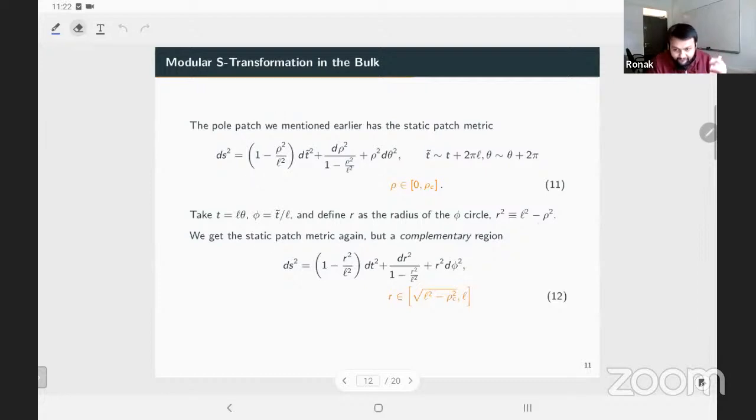And after the dust settles, we end up with the same metric with some renamings, but with a different range of R. Now R goes from some minimum value to L, and R equals L was the cosmic horizon. So here we had a theory, a region without the cosmic horizon, we did a modular S transformation, and we found the cosmic horizon, which is similar to what Vasu did.